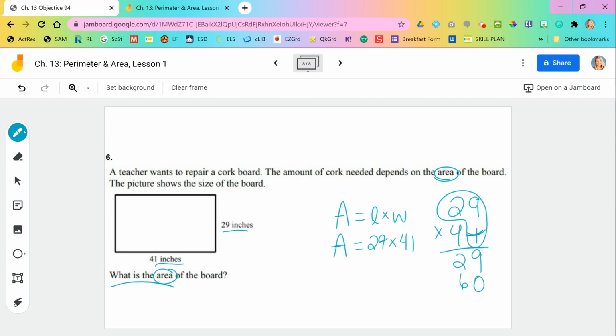Put my 6, carry my 3. 4 times 2 is 8. Plus 3 is 11. So I get 9, 8, 1, 1. And so there's my answer. A equals 1,189, check your units, inches with the baby 2 behind it, which is square inches.